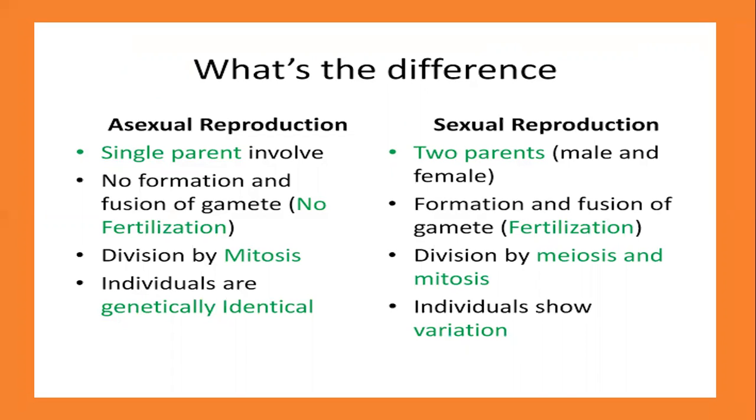In sexual reproduction, both formation of gametes and fertilization occur. Asexual reproduction occurs by mitosis. Sexual reproduction occurs by both mitosis and meiosis. In asexual reproduction, the individuals are genetically identical, but in sexual reproduction, individuals show variations.